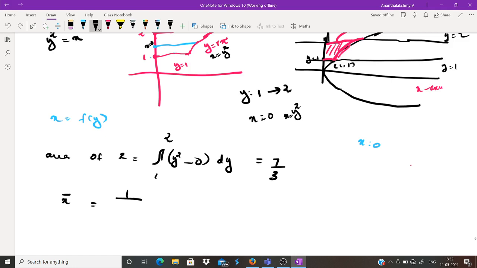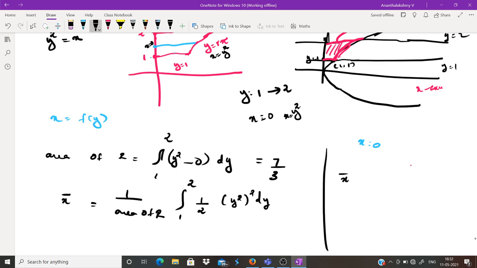So x bar is 1 by area of R, integral 1 to 2, half times y square the whole square dy.